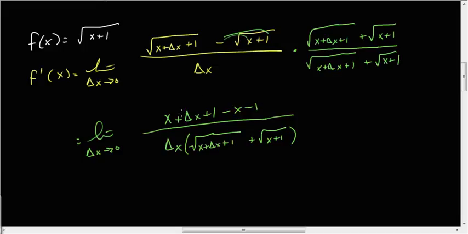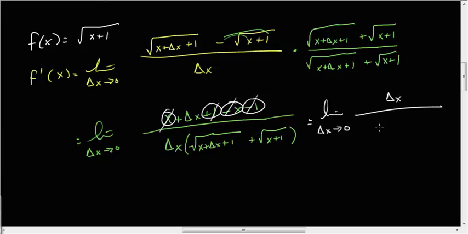And so we've got x and a negative x that cancel out. We've got a 1 and a negative 1 that cancel out. And we are left with the limit as delta x approaches 0 of delta x divided by delta x times the quantity root x plus delta x plus 1 plus root x plus 1.